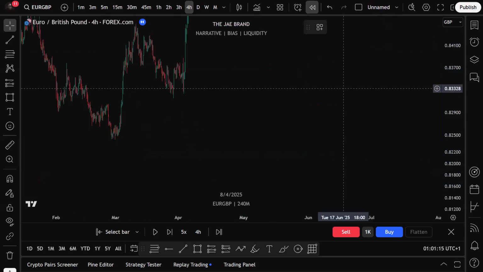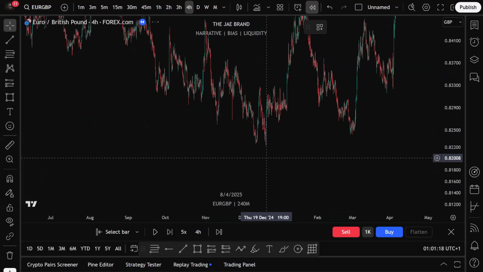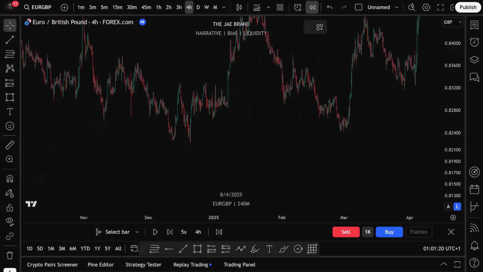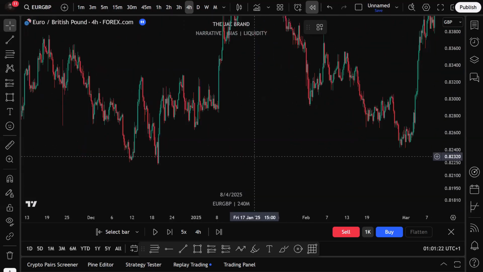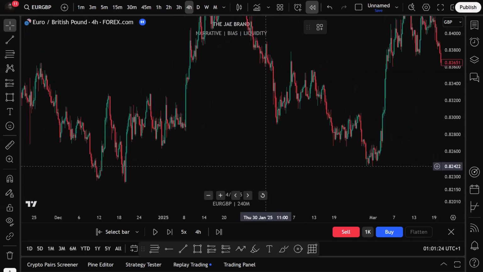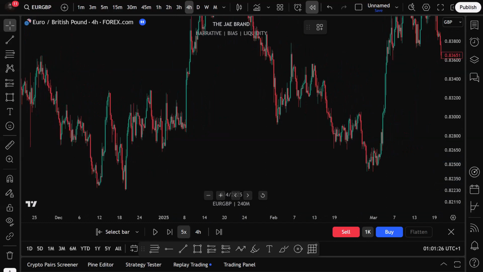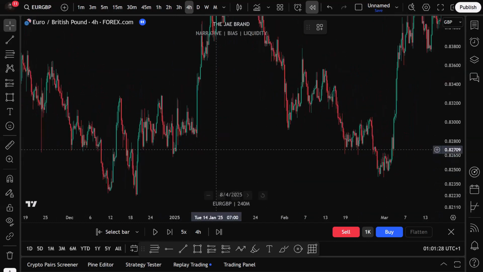Now let's take a few examples from the chart. We can clearly see this. This is our swing structure.